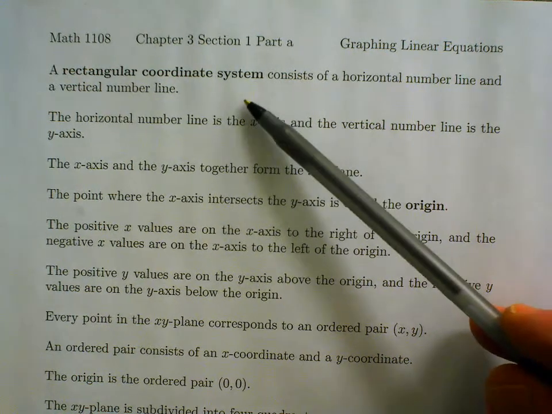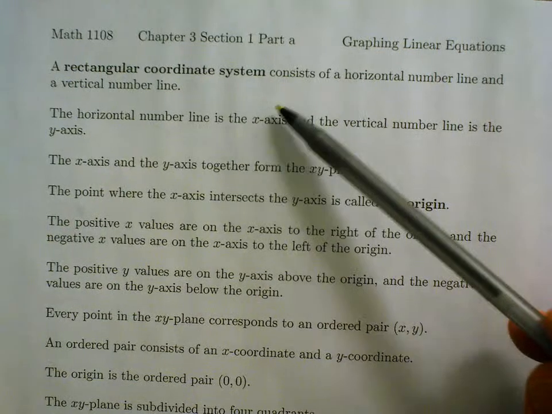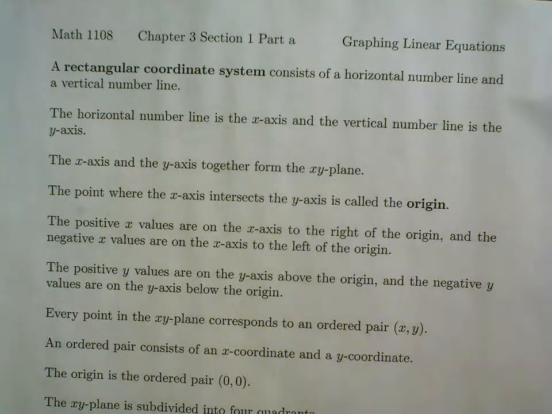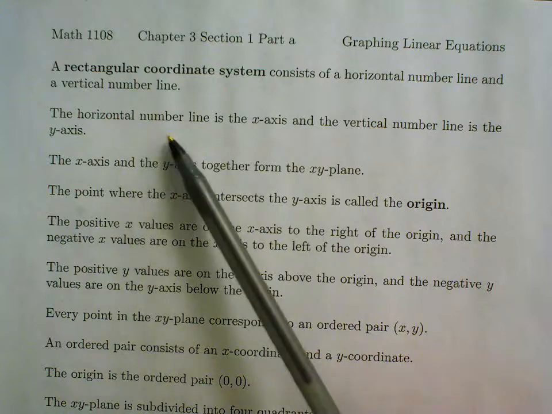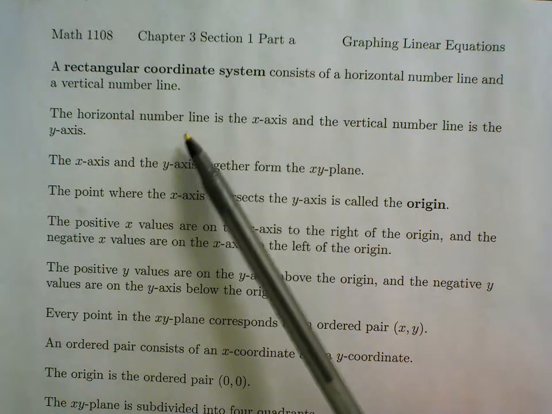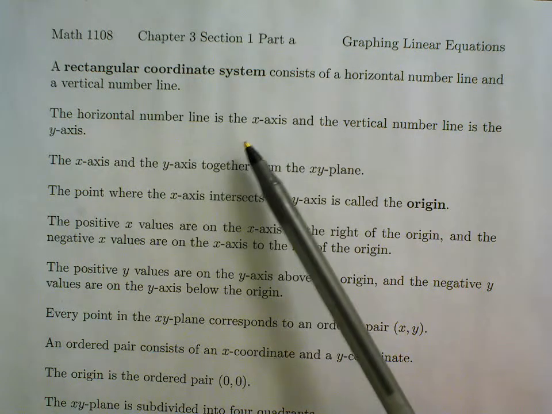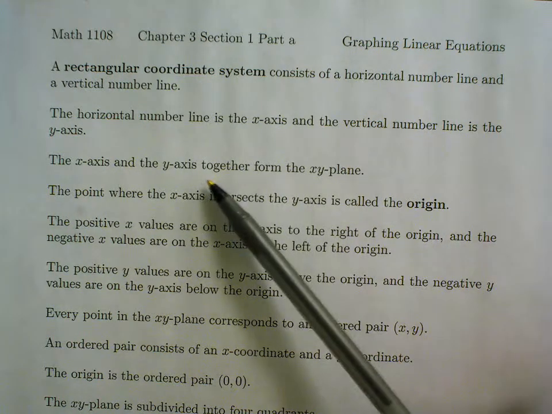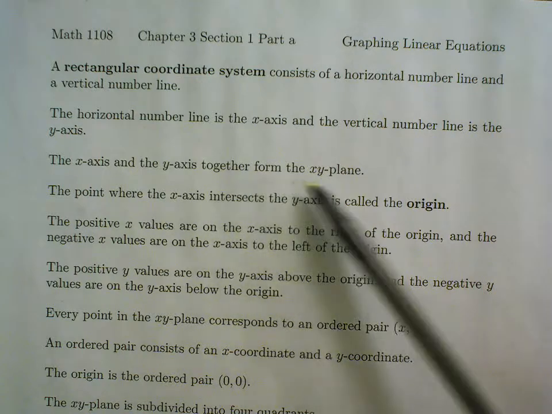A rectangular coordinate system consists of a horizontal number line and a vertical number line. The horizontal number line is the x-axis, and the vertical number line is the y-axis. The x-axis and the y-axis together form the xy plane.